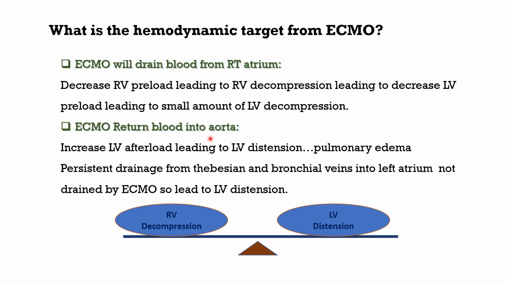But in peripheral VA ECMO, the blood returns to the aorta, which increases left ventricular afterload, leading to increased left ventricular distension, and pulmonary edema will happen. Persistent drainage of the thebesian veins and bronchial veins into the left atrium is not drained by ECMO, so LV distension will happen.